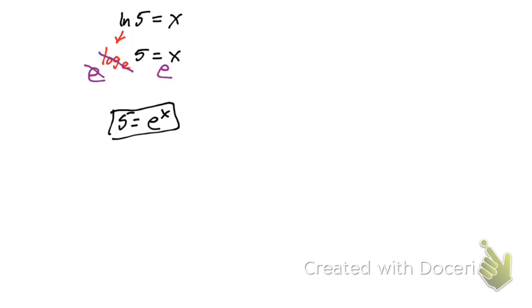Is that what log normally is, if it doesn't have another number? If it doesn't have a number, it's automatically 10, just like ln is always log base e. Log of any number without a base automatically means it's log base 10.